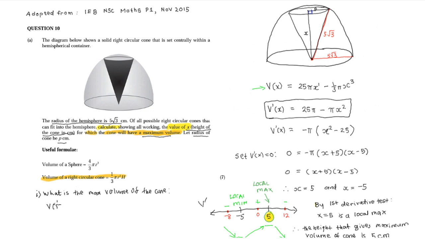So you would take this x value of 5, which you know is what's going to give you the maximum volume. They didn't ask us to do that, but I'm just saying that if they did, you would take this value of 5 and substitute it back into your V of x formula. Just for interest's sake, let's just do it.